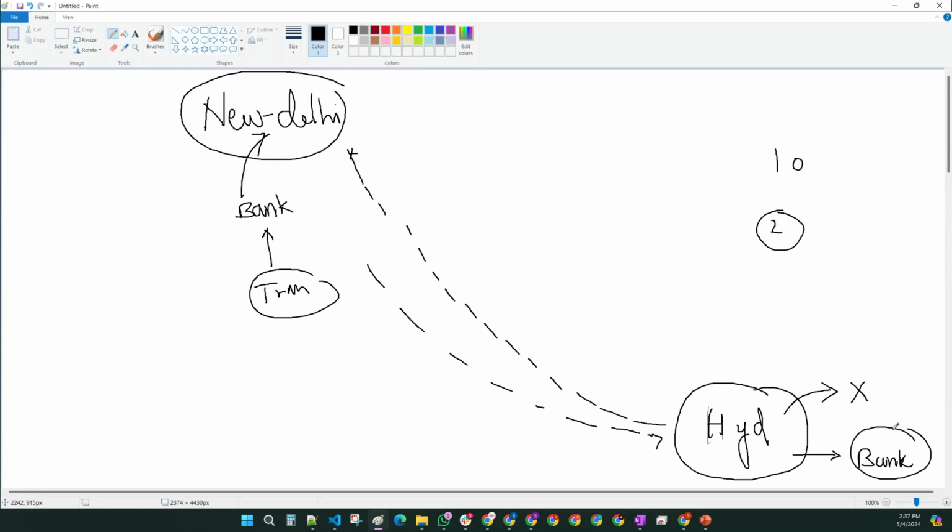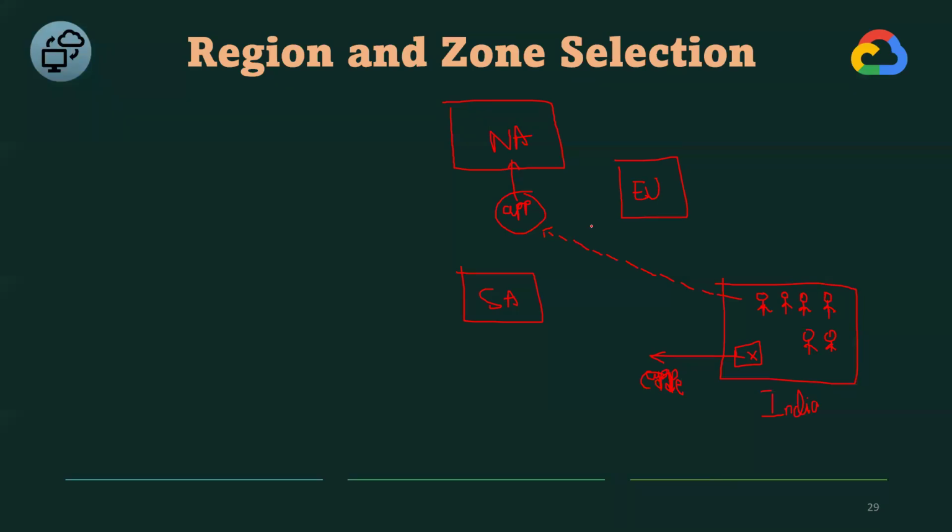This is what happens here too. Whenever you want to deploy your application, deploy it in your own premises or nearby your location. GCP provides resources and infrastructure all over the world.